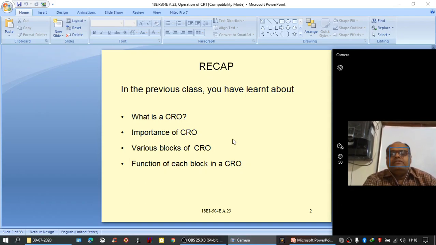Then we have seen the function of each block of CRO.